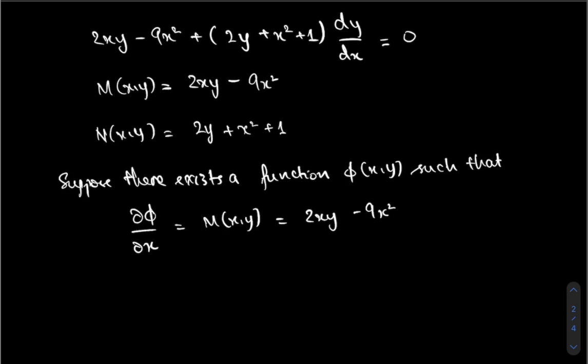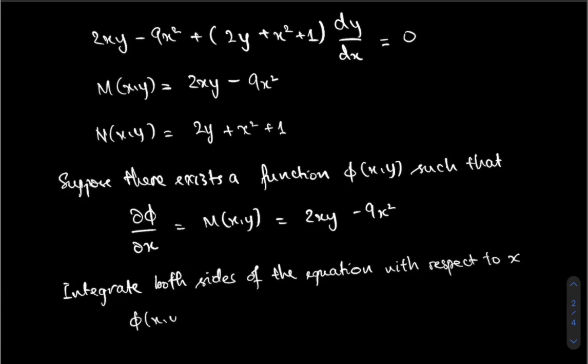From here, I'm going to integrate both sides of the equation with respect to x. I have phi(x,y) equal to the integral of 2xy minus 9x squared dx. And this is a very straightforward antiderivative. And remember, because this is a function of two variables and we integrate the function with respect to x, y in this case is a constant.